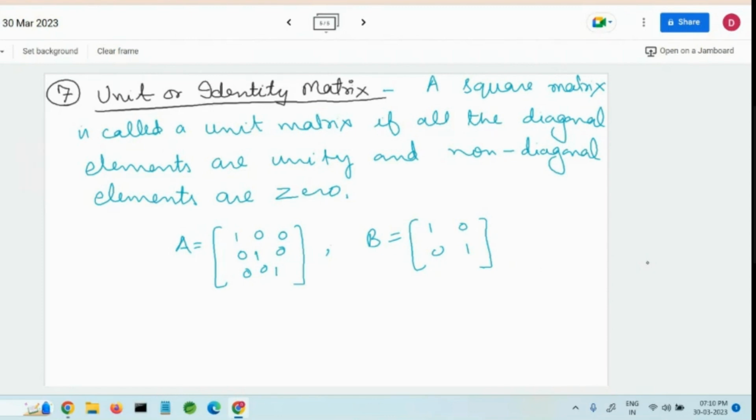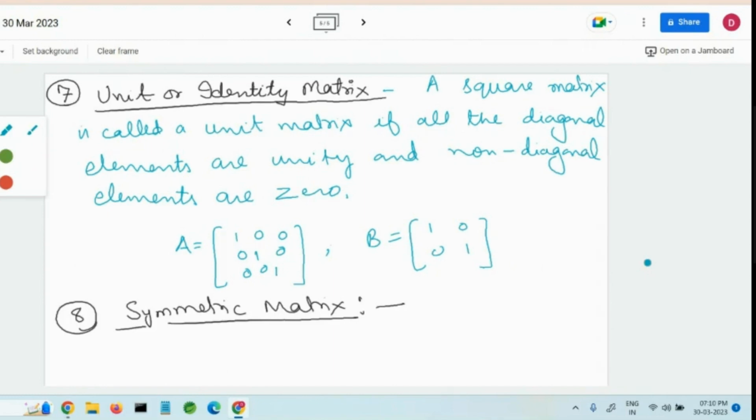The next type of matrix is the symmetric matrix. What is a symmetric matrix? If Aij is equal to Aji, then it is called a symmetric matrix. So we can say that A12 is equal to A21, A13 is equal to A31, and A23 is equal to A32.